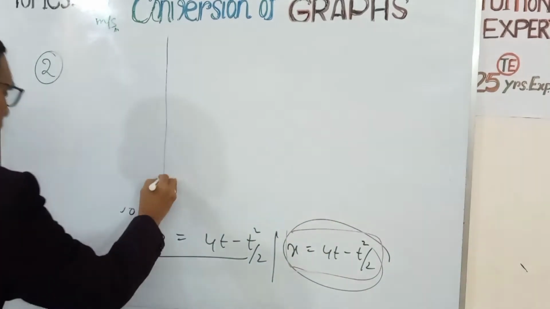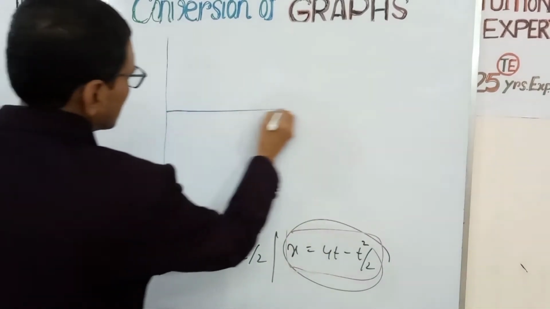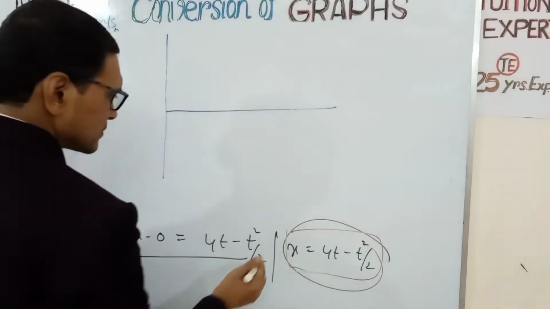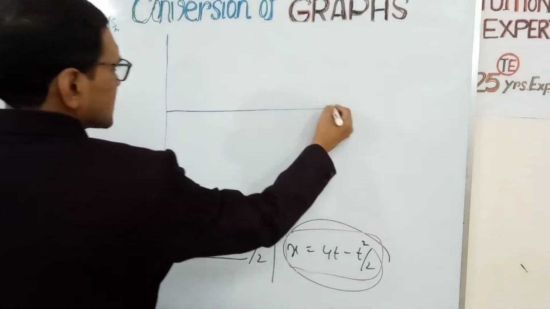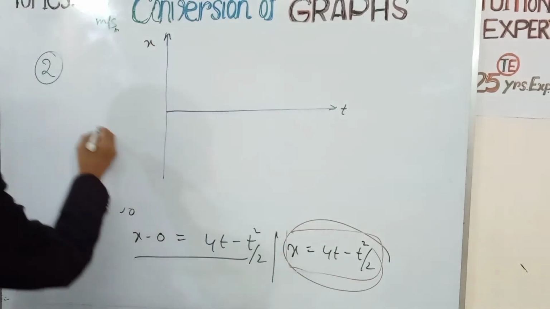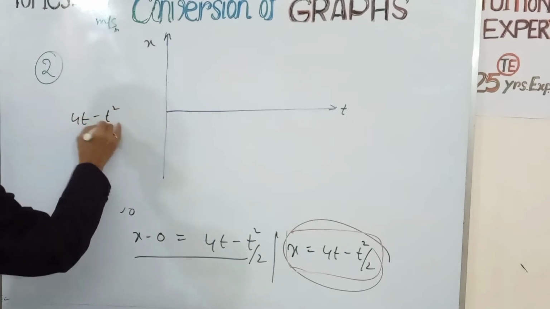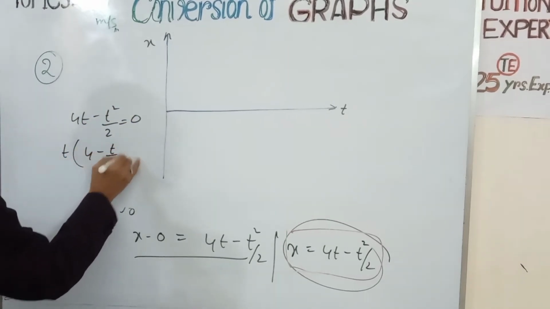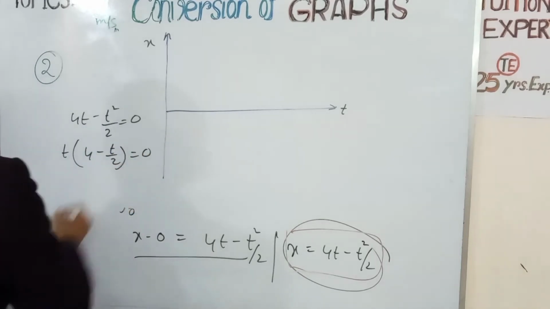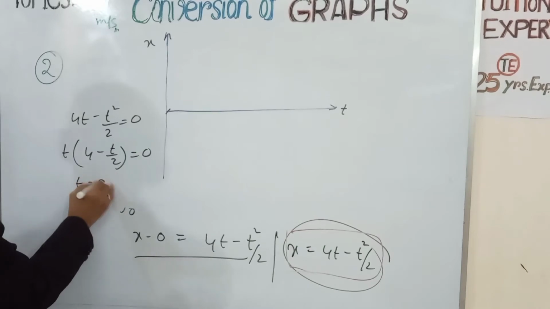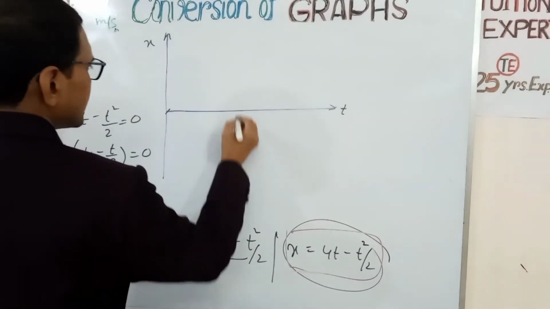Now suppose this is t, this is x. Now 4t minus t square by 2 equal to 0, that is t(4 minus t by 2) equal to 0, so t equal to 0 is one point, and another point is t equal to 8.